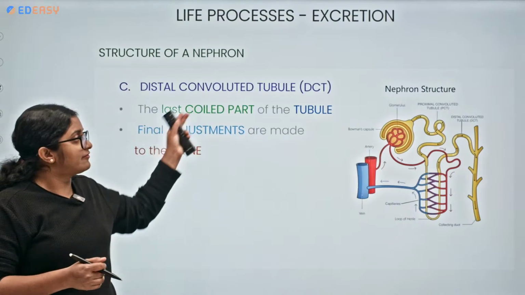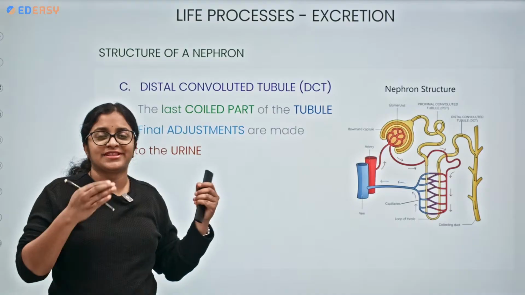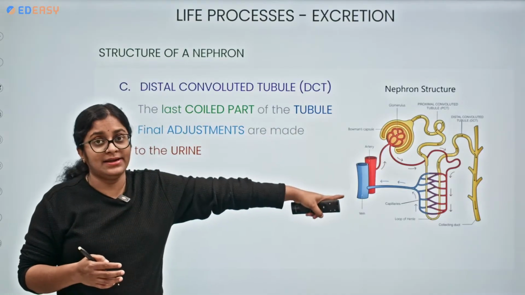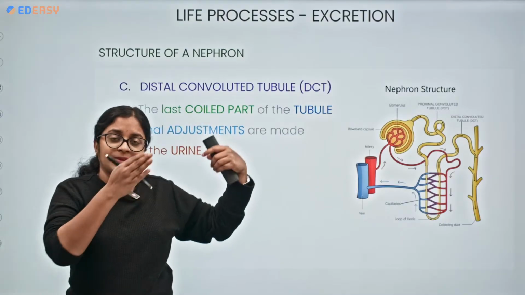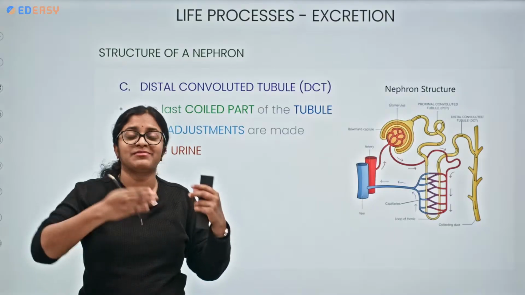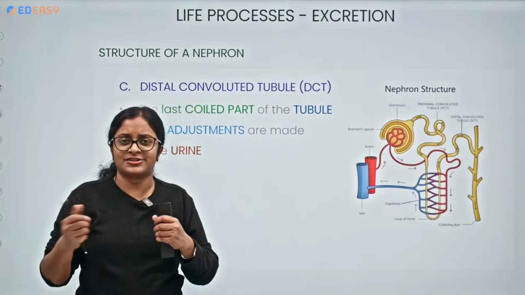Okay, so next we have the distal convoluted tubule, which will be the final part. In the PCT and loop of Henle, some mechanisms are occurring. About the mechanisms we shall understand in a better manner soon.